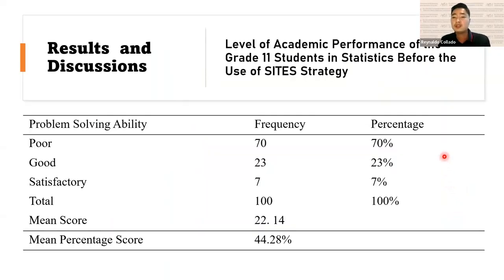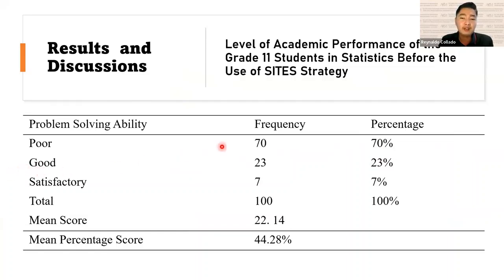Here are the results of the study. For the performance of the students before the SITE strategy, these are the results. Under the poor level, 70 of them out of 100 are there, which is 70%, obviously.